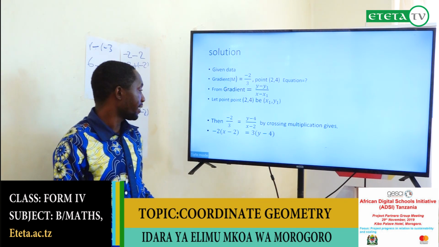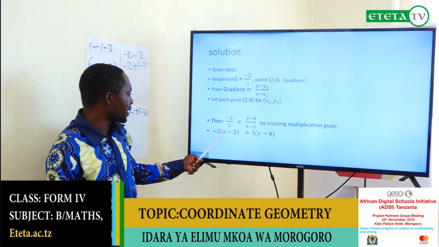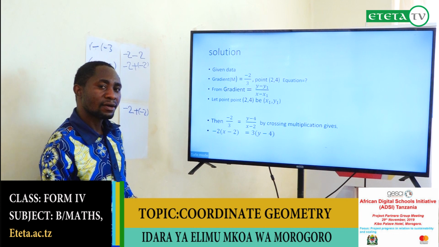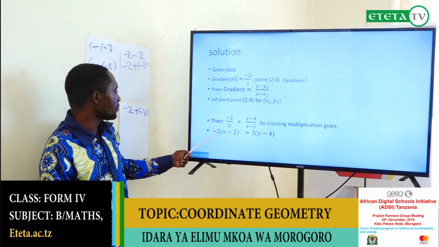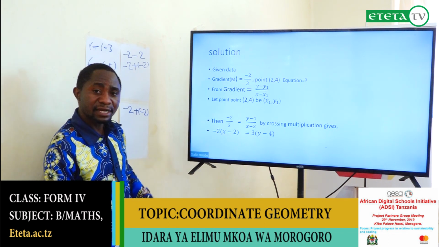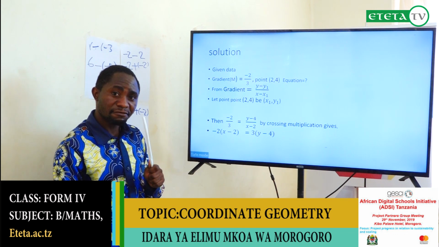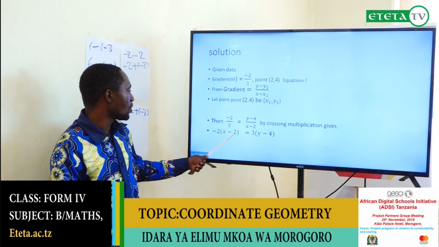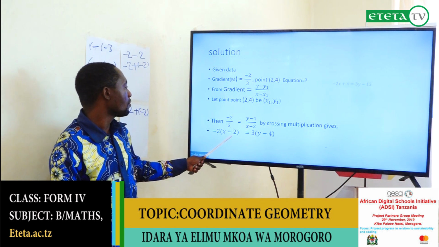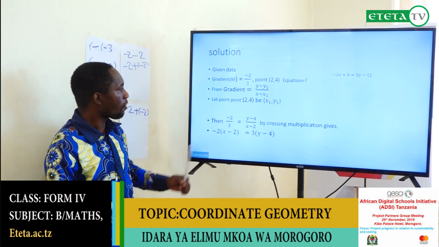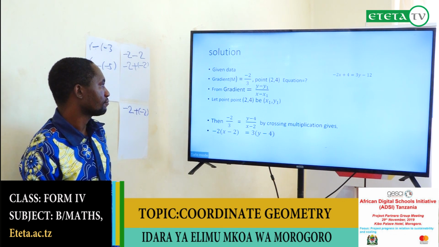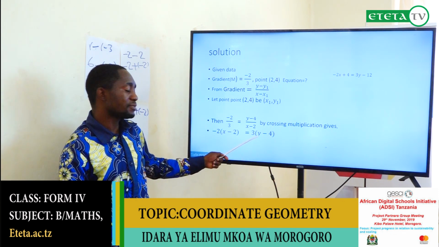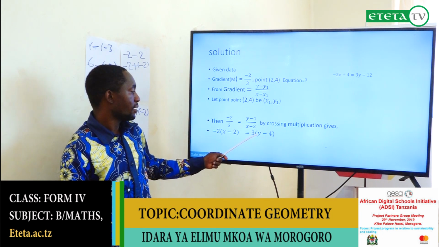Now, negative 2 will be multiplied by x, giving negative 2x. Also we have negative 2 times negative 2. Mind you that negative times negative gives positive, so we get positive 4. On the right hand side, 3 times y gives 3y.